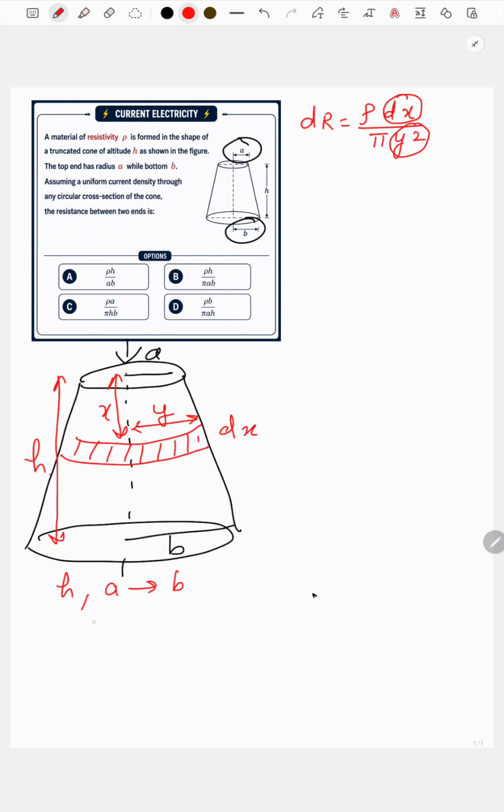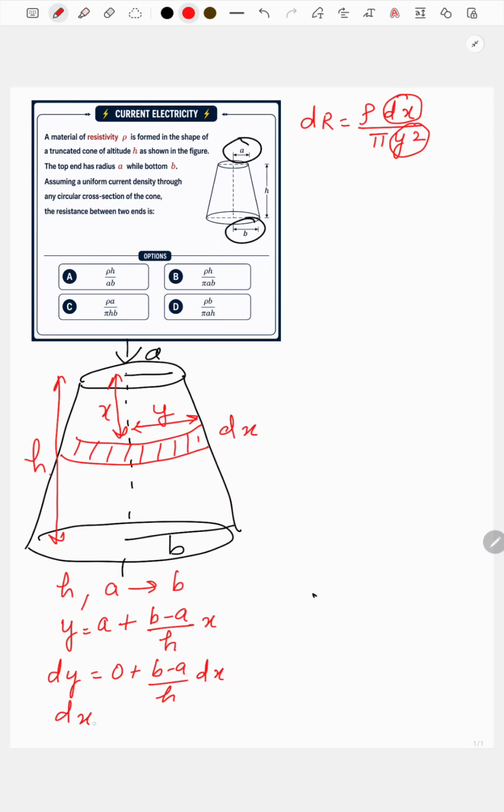So at any distance x you can write y is equal to a plus b minus a upon total height h, at the distance equal to x. Let's differentiate both sides. तो dy is equal to 0 plus b minus a upon h and x का 1 और फिर x का dx.